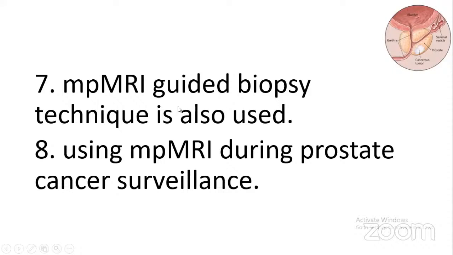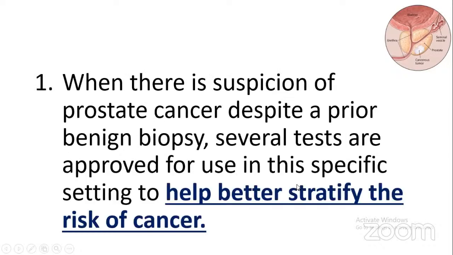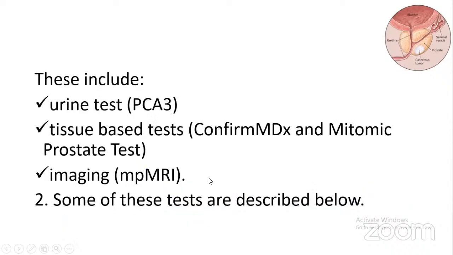Multiparametric MRI guided biopsy technique is also used, as is multiparametric MRI during prostate cancer surveillance. For more details on prostate multiparametric MRI, see the earlier sections. Tests specifically indicated for men with prior benign prostate biopsy: when they are suspicious of prostate cancer despite a prior benign biopsy, several tests are approved for use in this specific setting to help better stratify the risk of cancer.